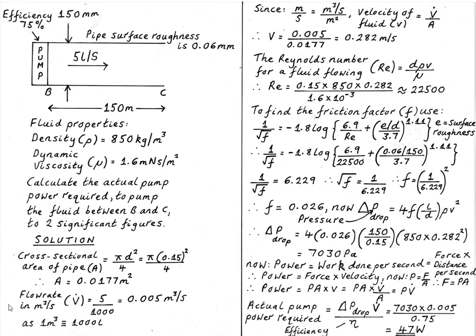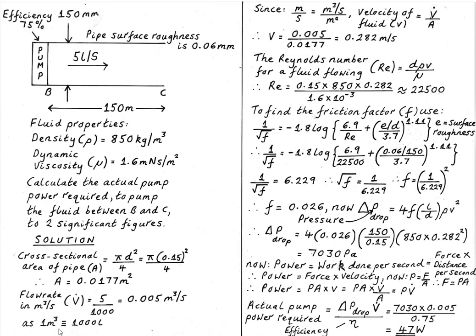The volumetric flow rate, rather than be in litres per second, needs to be in meters cubed per second. The volumetric flow rate is denoted by capital V with a dot above it, which means it is the rate of change of volume with time.